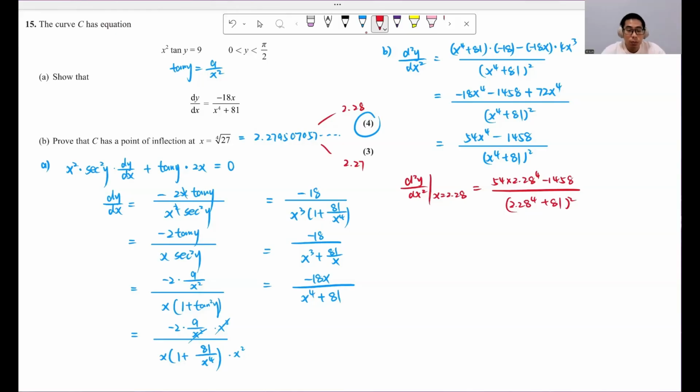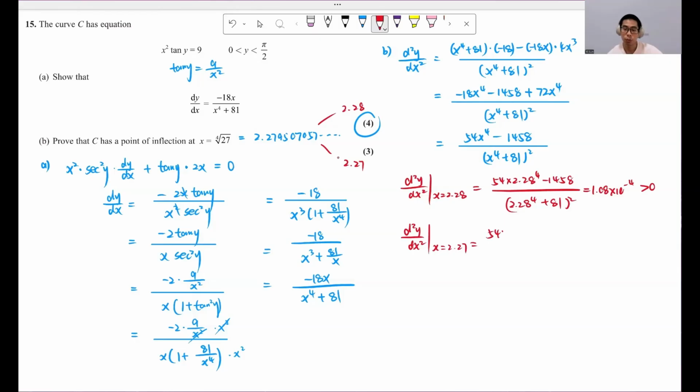So 54 times 2.28 to the power 4 minus 1458, and then divide by 2.28 to the power 4 plus 81 to the power 2. So that is equal to 1.08 times 10 to the power negative 4, which is more than 0. Okay. And then we substitute the other one into the second derivative. So x equal to 2.27.